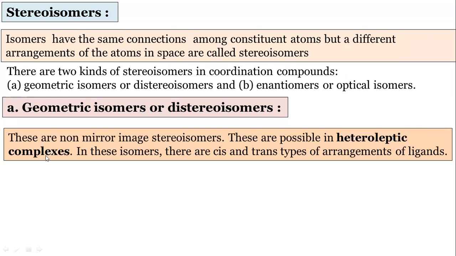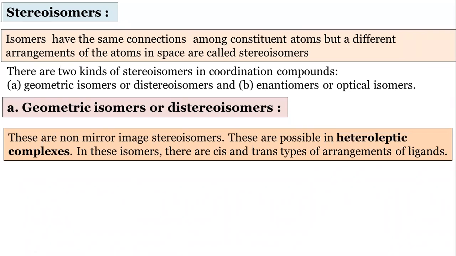Heteroleptic complexes are the complexes in which two or more types of ligands are involved. For example, if an ammonia ligand is there, then a chlorine ligand is there, like this. And homoleptic complexes means only one type of ligand is there. For example, if only ammonia ligands are there, it is homoleptic.